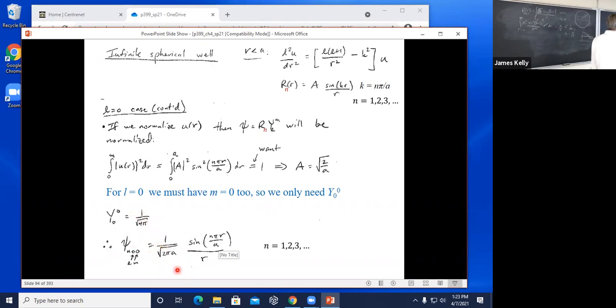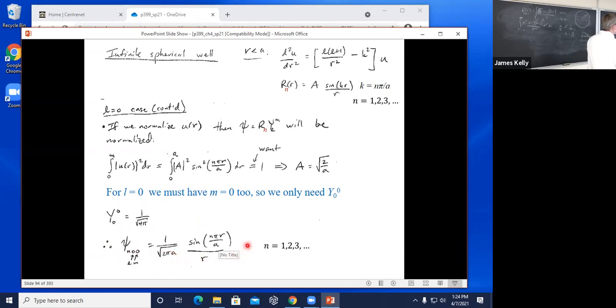And so combining those constants together times the r dependence, and we found out when L equals 0 and M equals 0, which is required, we're taking L equals 0, and remember that m has to be in the range from minus L to L. So if L is 0, m can only be 0 too. So we've just found out that the normalized version of this wave function looks like this.